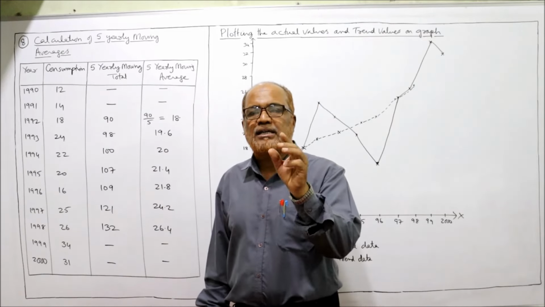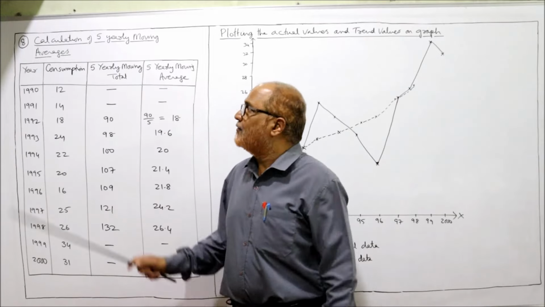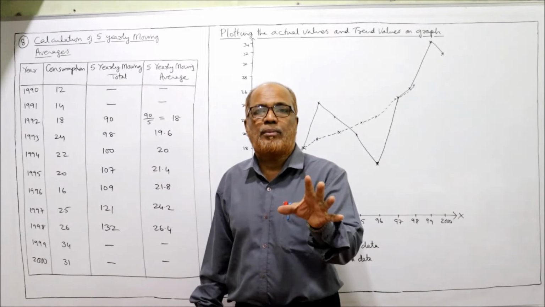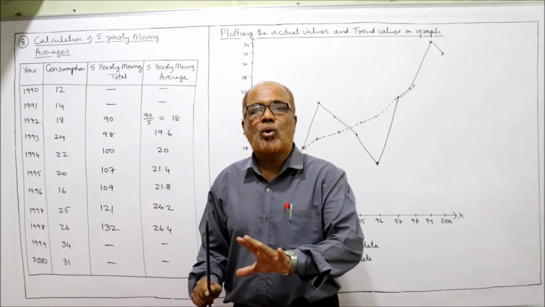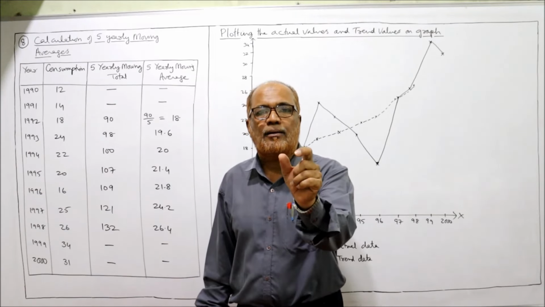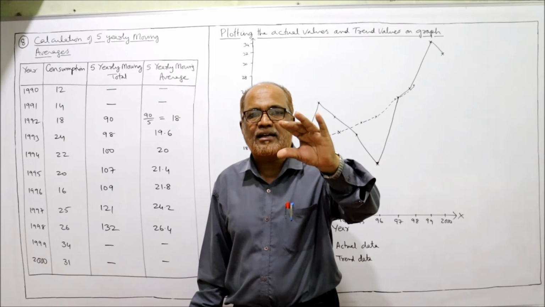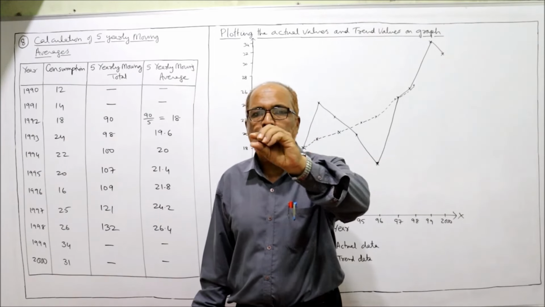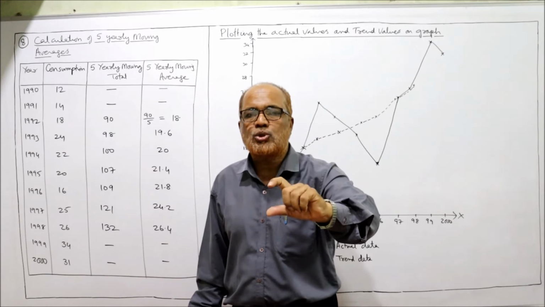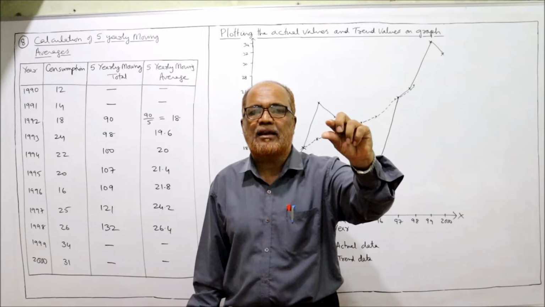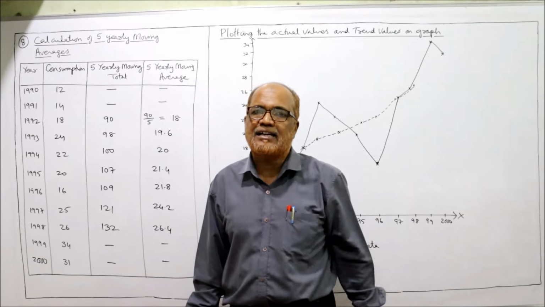Remember one point, it is an odd number of years. 5 years means odd number of years, so easily we can make the centering. There is no issue in making the centering, because if we take 5 years, the middle year is the third year. First 2 years and last 2 years will be left. The middle year, third year, is the centered.